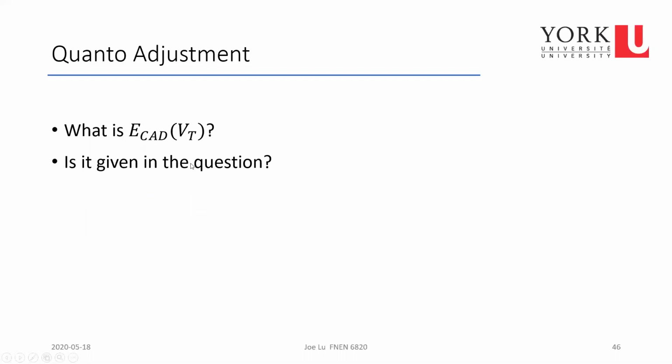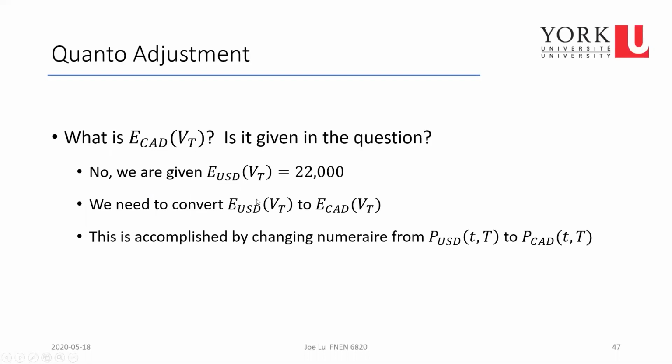So what is this expectation? Well, if you look at it, we see that this expectation value is not given directly in the question, because in the question, we're given this value. This value is actually the expected value of VT, but it's using the PUSD bracket little t, big T, that zero coupon bond as a numeraire.